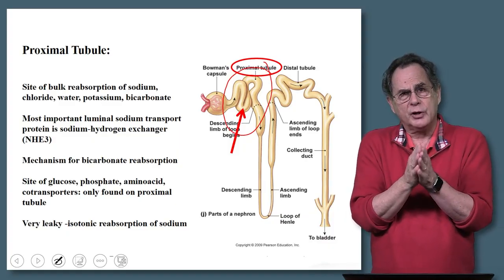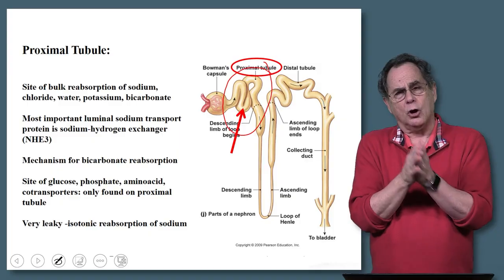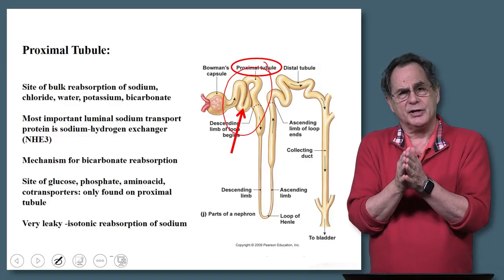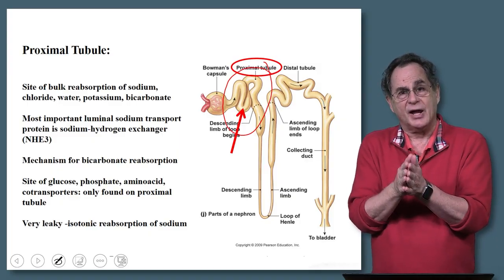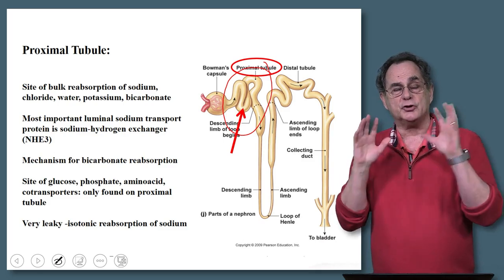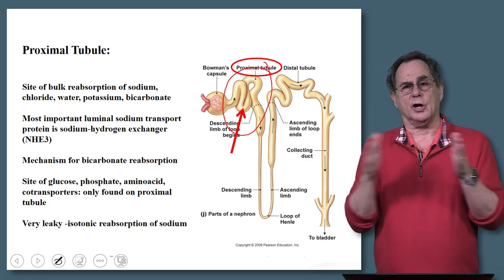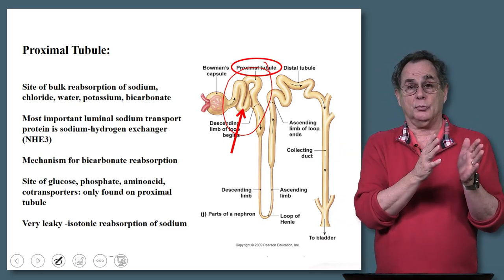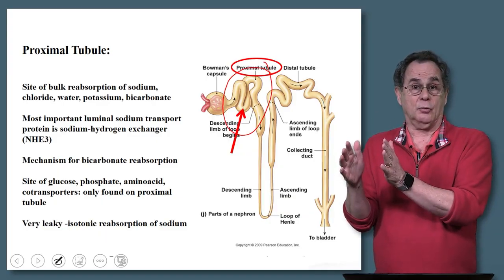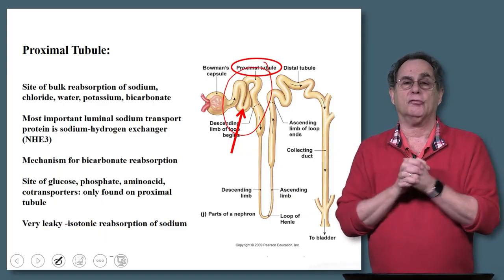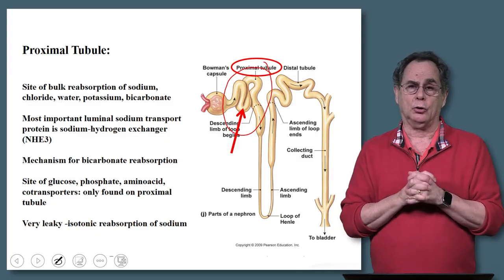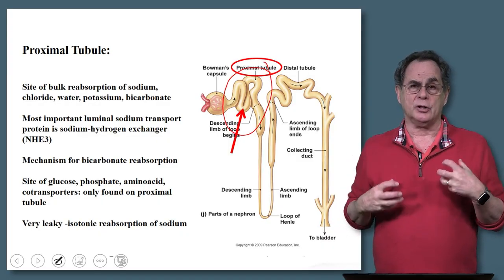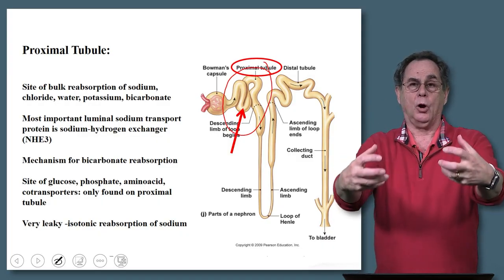As sodium is reabsorbed down concentration gradients and then pumped by sodium potassium ATPase into the interstitium, the changes in osmolality across the luminal and basolateral membranes allow water to move readily along that osmolar gradient, so that as sodium is reabsorbed, water is reabsorbed.